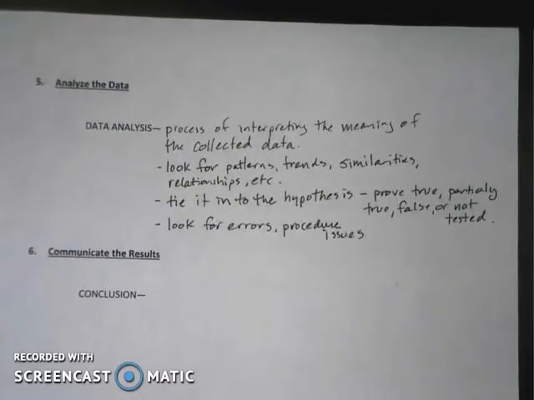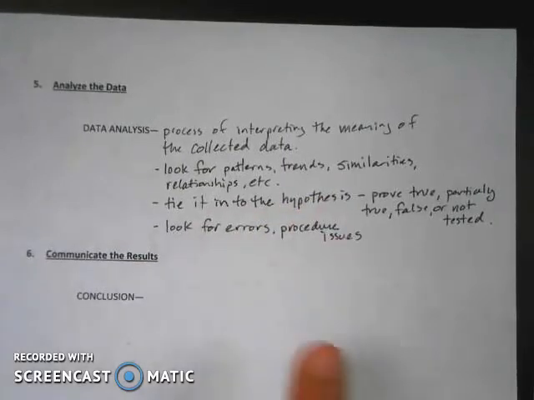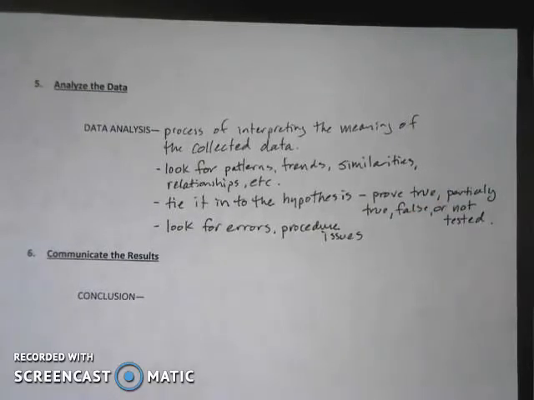So let's say that you analyze the data and you were able to tie it in with your hypothesis, you controlled for any errors, and you proved your hypothesis was correct. Well, that's not the end of everything.